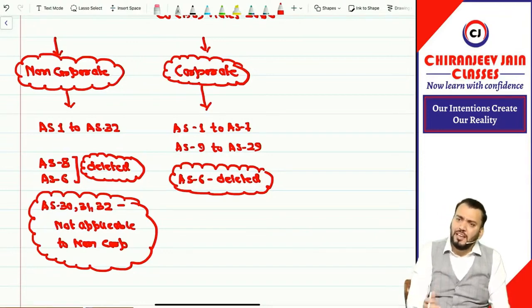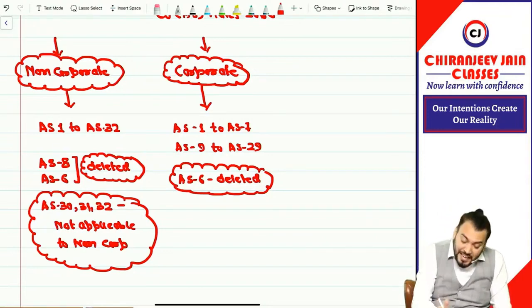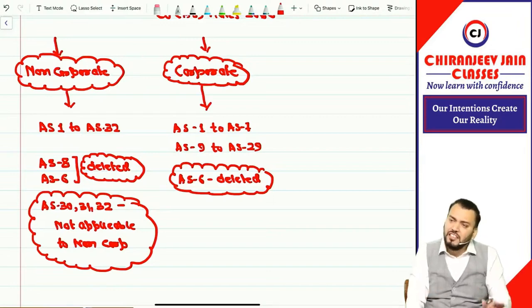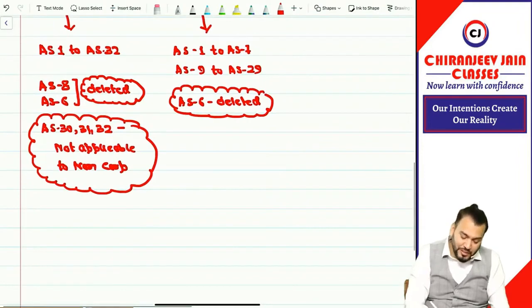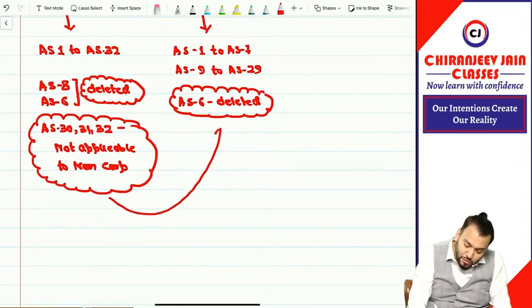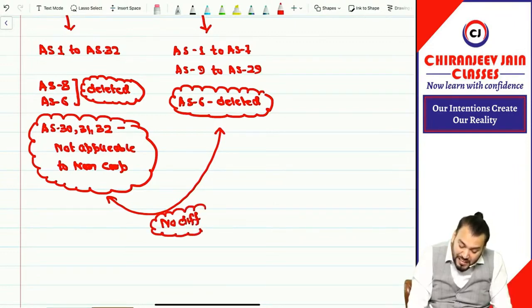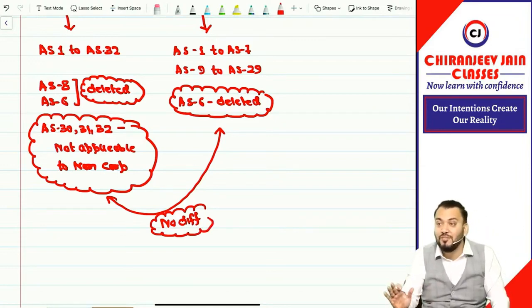Now one doubt will come. What is the difference between AS issued by ICAI and AS notified under the Companies Accounting Standards Rules? Initially there was some difference, but now there is no difference. Means AS1 issued by ICAI is equal to AS1 notified under these rules.